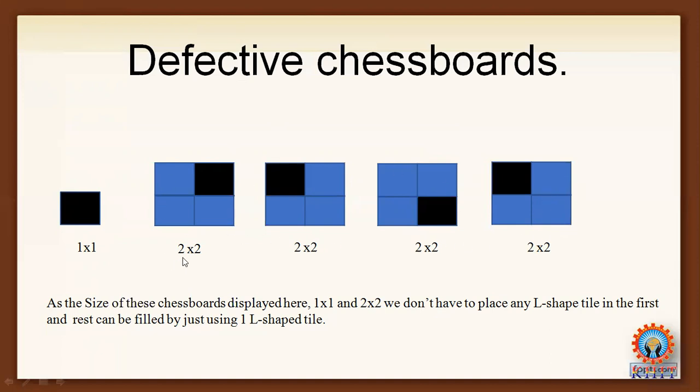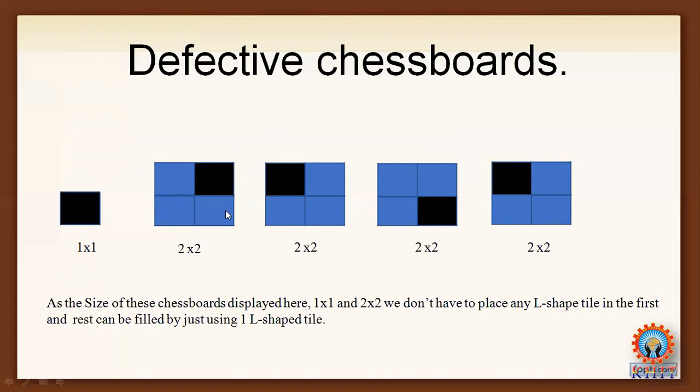If you consider a 2 by 2 defective chessboard, we can fill the chessboard with the tiles. Here there are 4 squares. Among those 4 squares in the 2 by 2 defective board, one square is the defective square, and the remaining 3 squares are available.